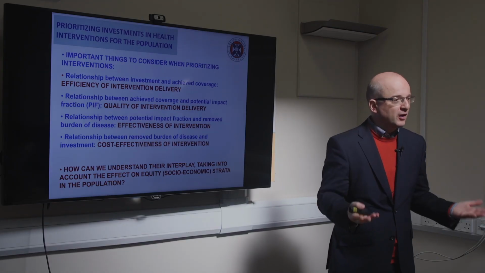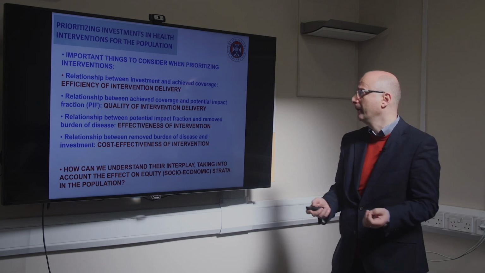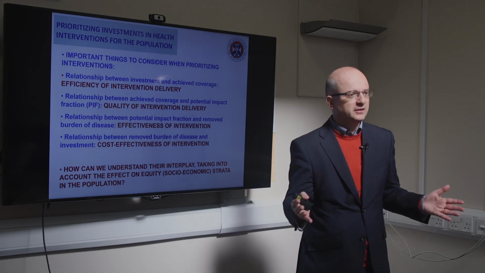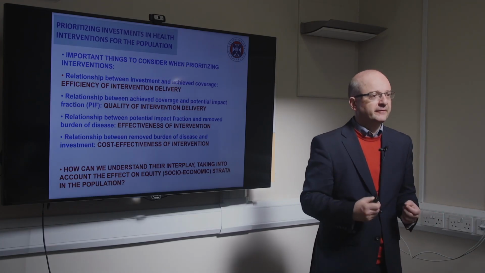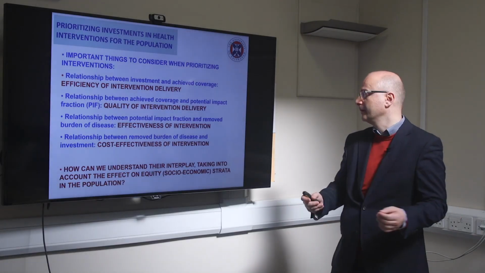The effectiveness actually drops. And you don't know by how much it drops, but that is very important to know, because then even if you cover 100% of your population, you will not get 100% effectiveness. There's still going to be people getting a disease even if you think that you covered everyone.